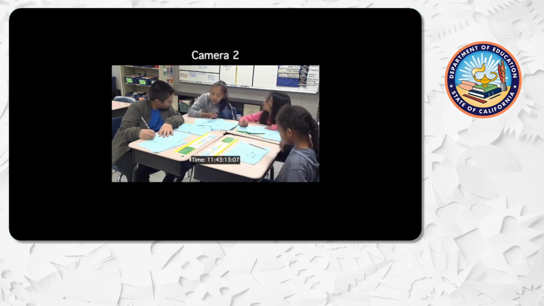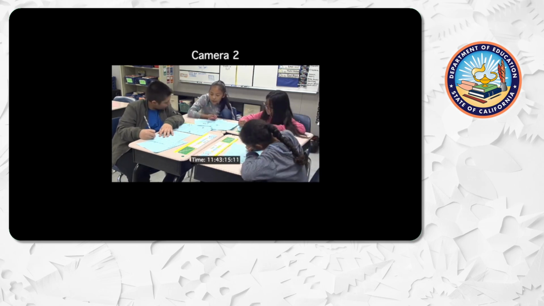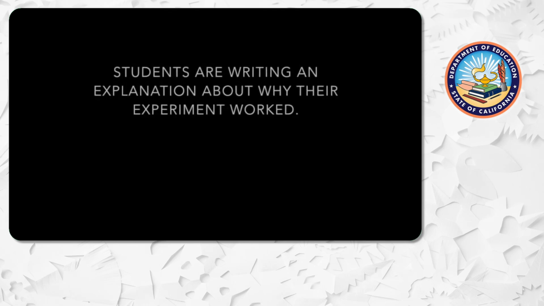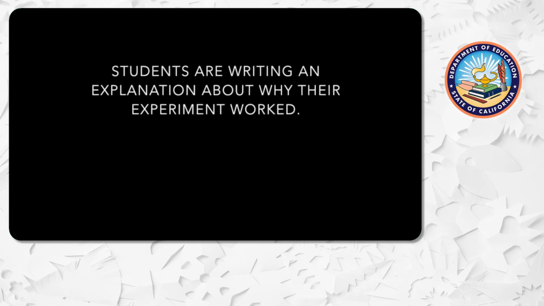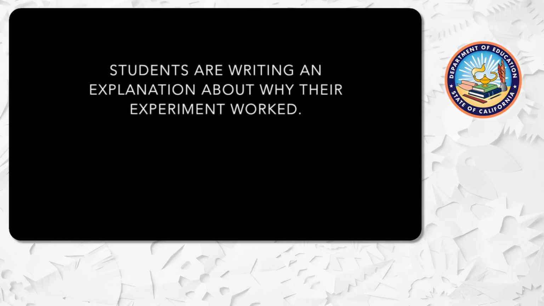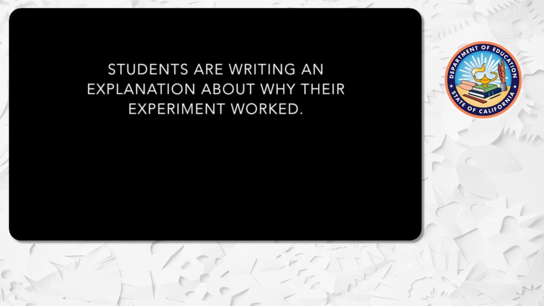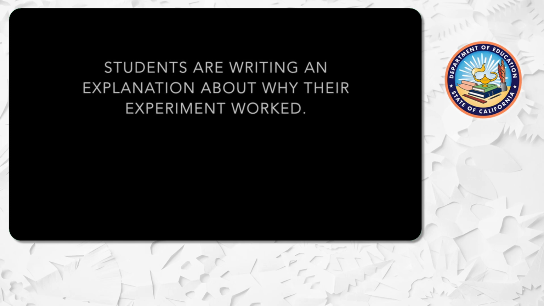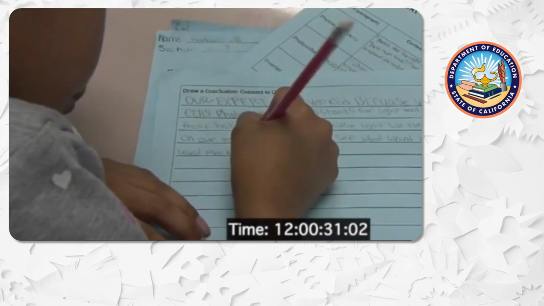So the last box says, at last, the electricity is being used for most stuff we need, like stovetops, refrigerators, and televisions. In the last segment of the lesson, students have been asked to consider their experiment and their reading and write a short explanation about why their experiment worked. Let's take a look at our students' writing.